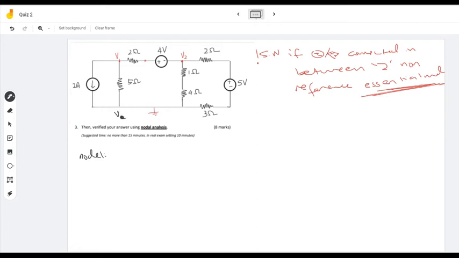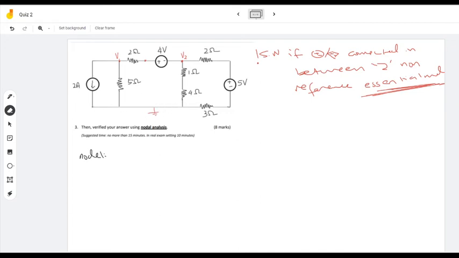If, let's say, this 2 ampere here is a voltage source, it is still not a supernode because it is connected to a reference point.